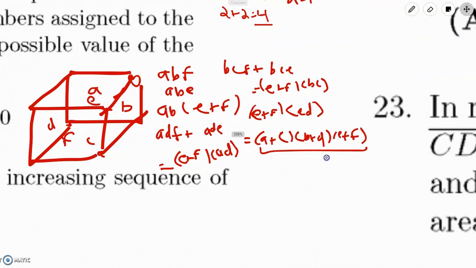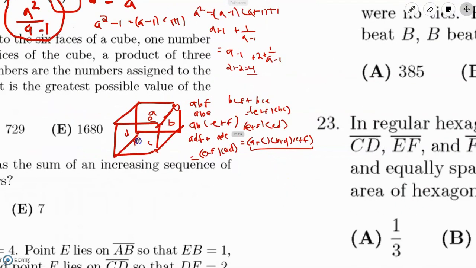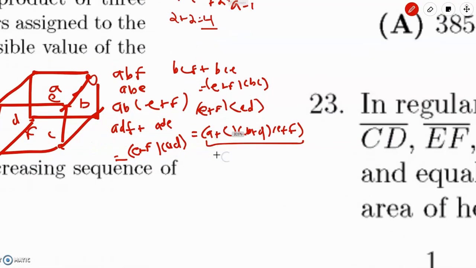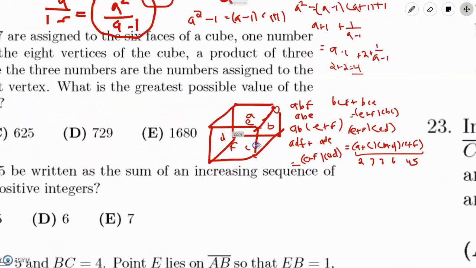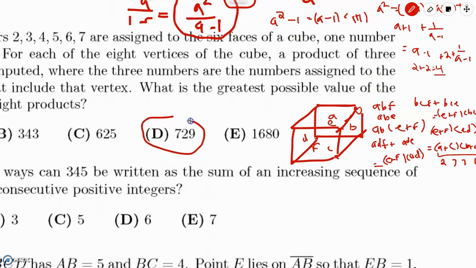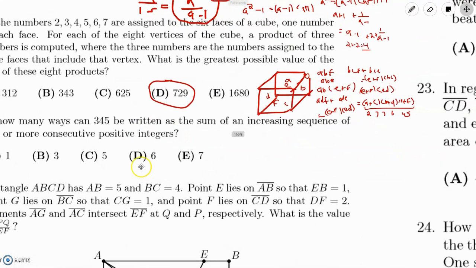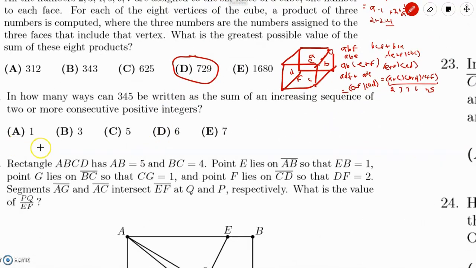And so essentially the maximum occurs when all of these are equal, and you can prove this by AM-GM. So you would have x and then 9 minus x for these pairwise sums. This is 2 and 7, 3 and 6, 4 and 5, and that's equal to 9 cubed, so that's equal to 729. I know this isn't a very complete explanation, but it's just how you would go about doing this.